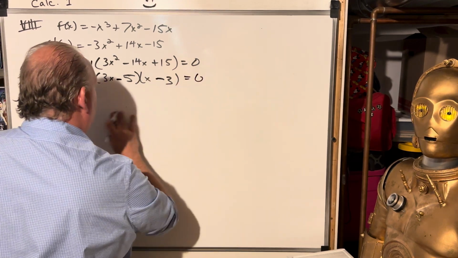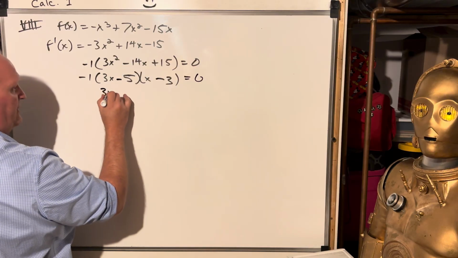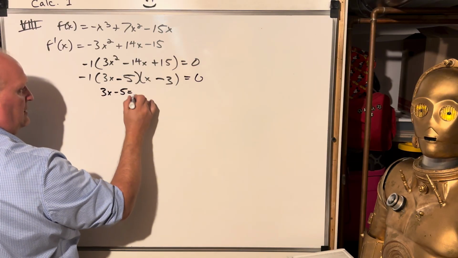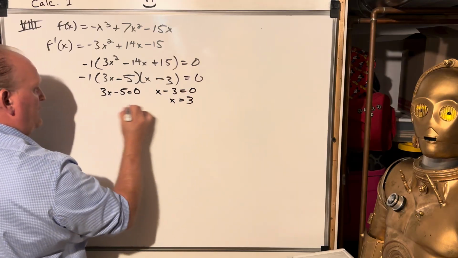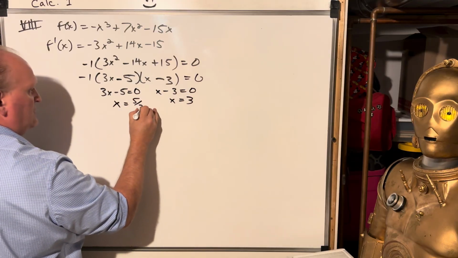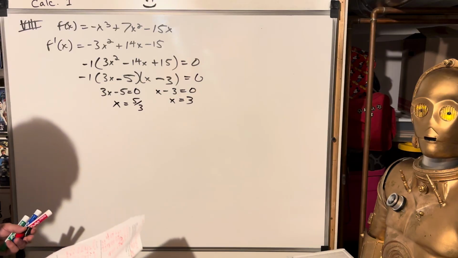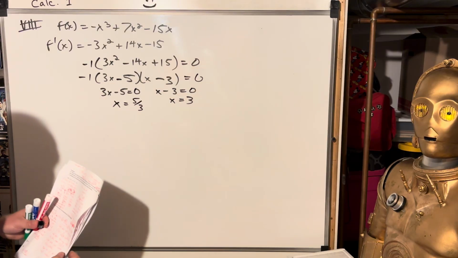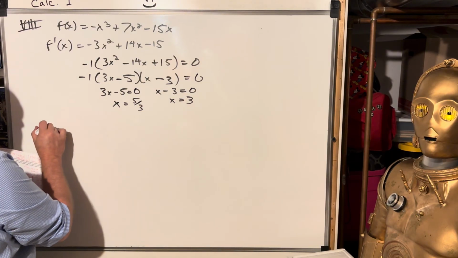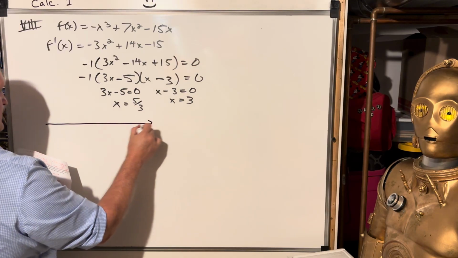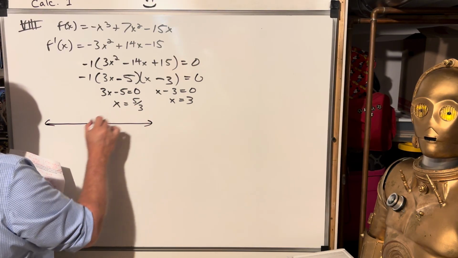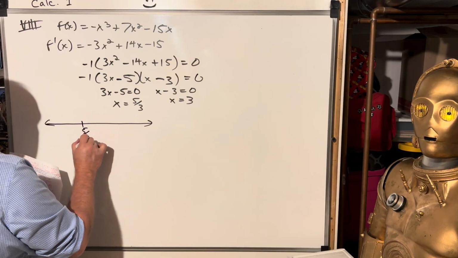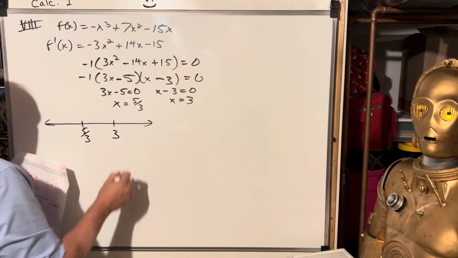All right, and so we end up with 2 critical values. So x is equal to 3, x is equal to 5/3, or 1 2/3. And so let's put those on our number line. So 1 2/3, 5/3, and 3.